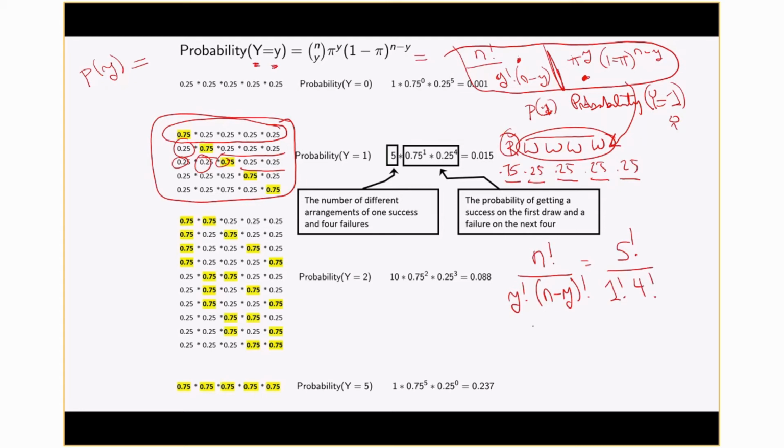And that is equal to 5 factorial divided by 1 times 4 factorial. 5 factorial is 5 times 4 times 3 times 2 times 1. 4 factorial is 4 times 3 times 2 times 1. This cancels out, and we're left with 5. So we've got 5 different ways of getting 1 red ball and 4 white balls. So that's an explanation of this very important formula.